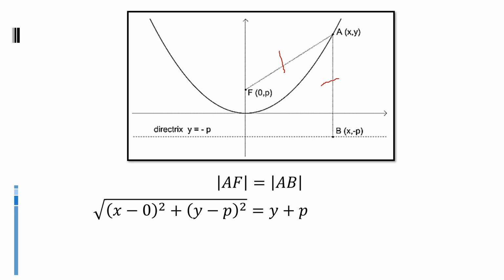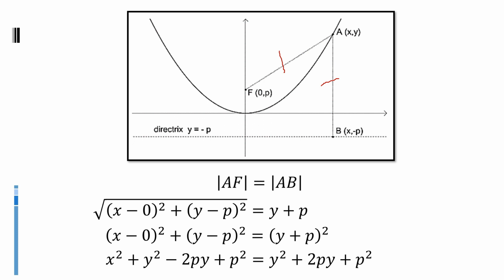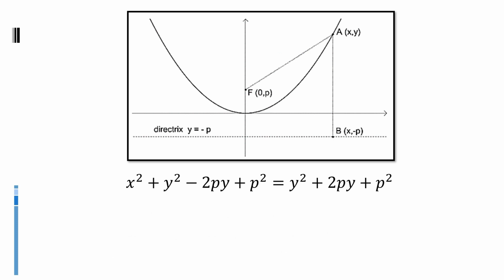Now, if we square both sides, we will have x minus 0 squared plus y minus p squared equals y plus p squared. Then we have x squared plus y squared minus 2py plus p squared equals y squared plus 2py plus p squared. Then we can cancel these, which leaves us with x squared minus 2py equals 2py.